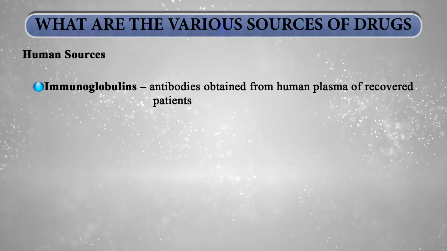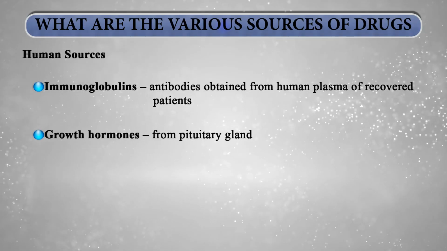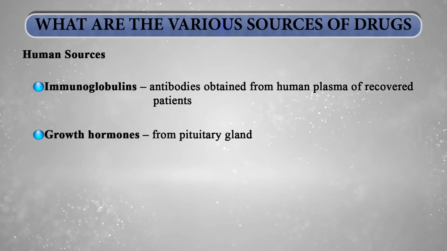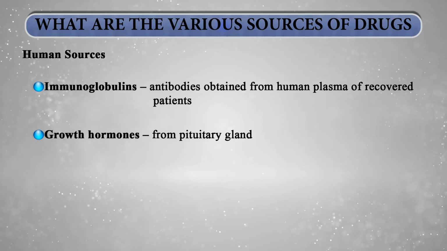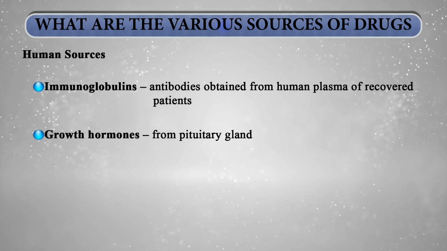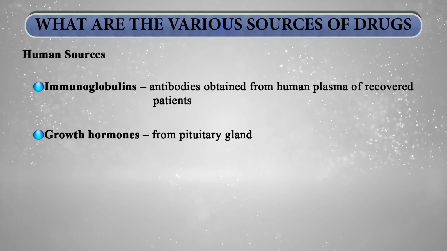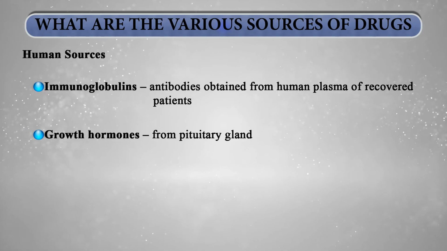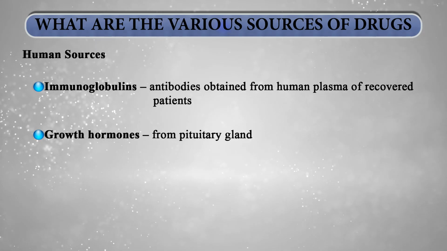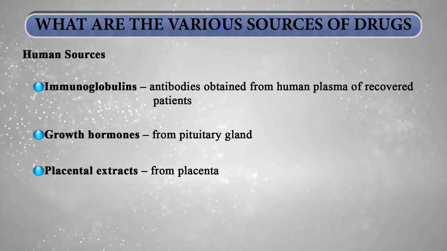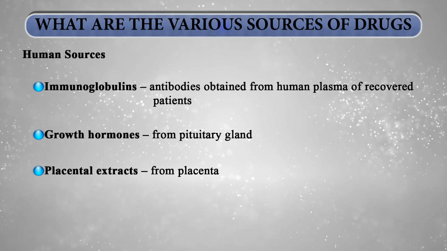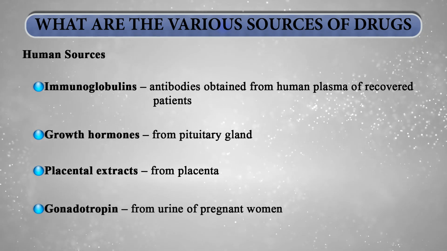Second is the growth hormones. Some growth hormones are excreted from the pituitary gland of humans, and they can be extracted and given to those who need these hormones. Then there are certain placental extracts which can be extracted from the placenta of a pregnant woman.